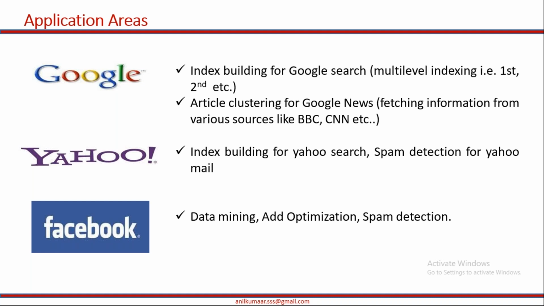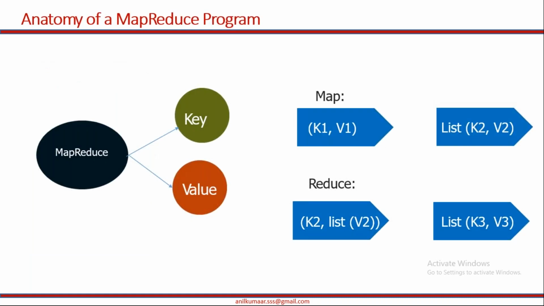In a similar fashion, Facebook is also using it for data mining, ad optimization, and spam detection. So these are some application areas we can talk about for MapReduce. Coming to the anatomy of MapReduce, how it really works internally to process the data. MapReduce only knows things in the key value pattern.